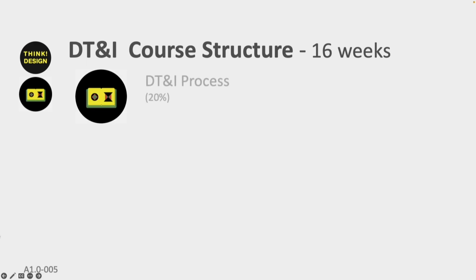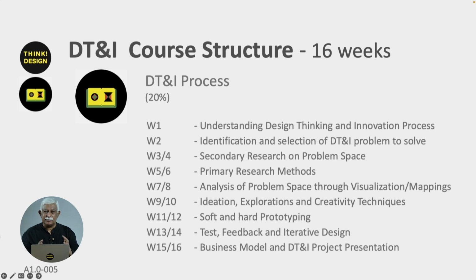So, now look at the structure for the 16 weeks. We start with the design thinking and innovation process, which carries about 20% grade. Week 1 is really an introduction. By week 2, you need to identify the problem you need to solve, which becomes your project.